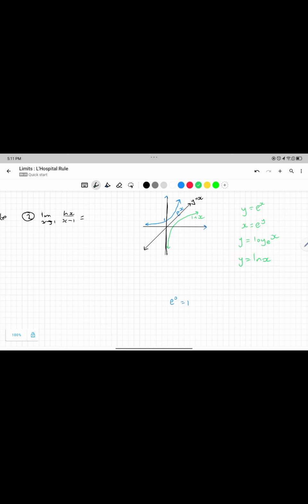Now in this case, our x is 0 and our y is 0 in the reflected function. This is the reflected function. Our y is 0. So if our y is 0, then ln 1 should be equal to 0.